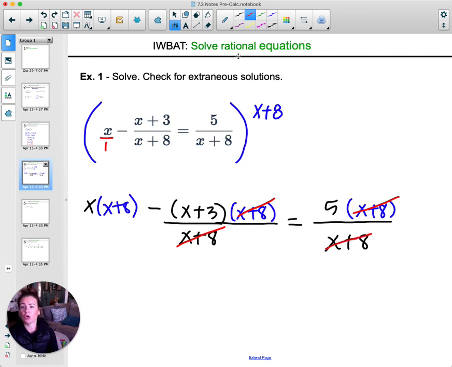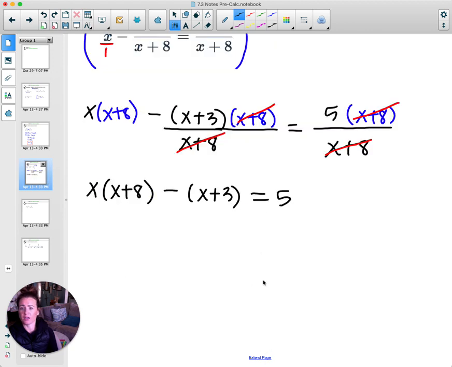Now we have no denominators left, which was the goal. Now you're going to take the leftovers, what's left over on the top. We're just left with the x plus 3 here, and the 5 there after everything cancels out. Now you'll want to distribute and simplify.